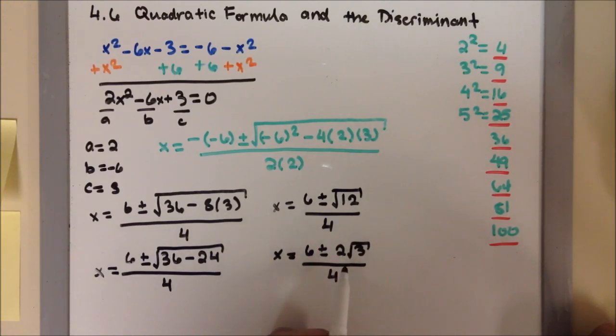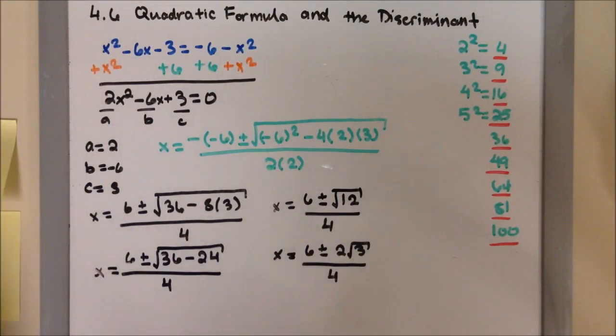Now, if you had a question on how we got square root of 12 to become 2 square root of 3, I would remind you to go back to your notes from 4.6 A and B. We did practice on how to simplify square roots.